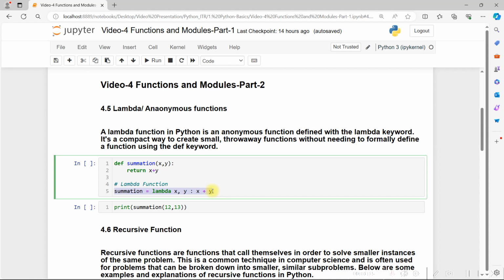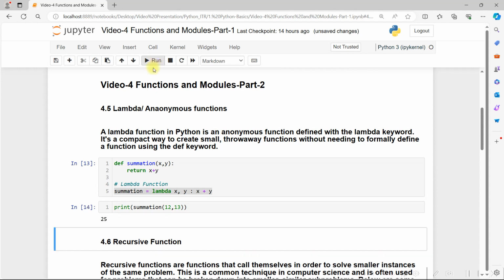This is the syntax for a lambda function, and suppose we run this, we are going to get the summation as 25, as we have passed x as 12 and y as 13.